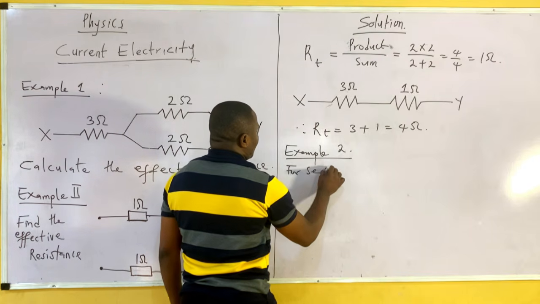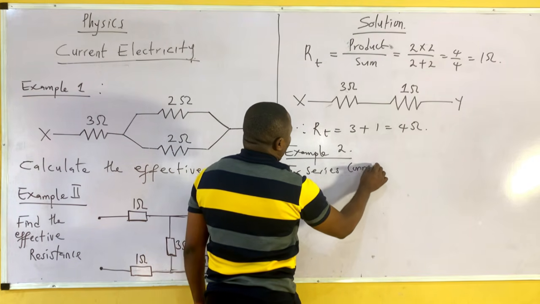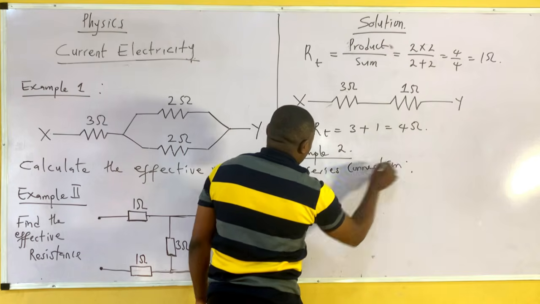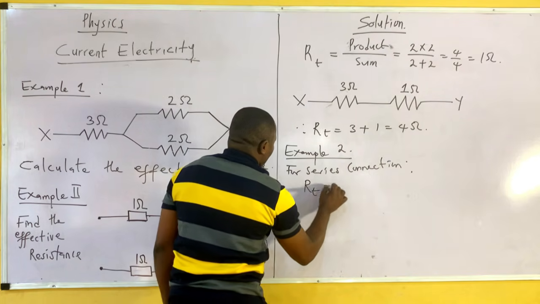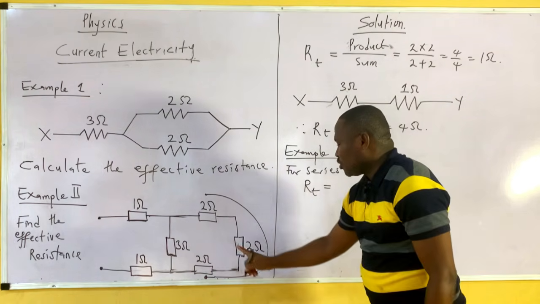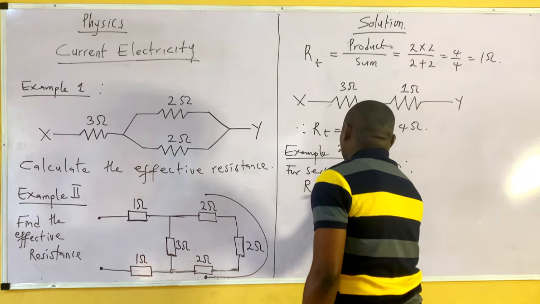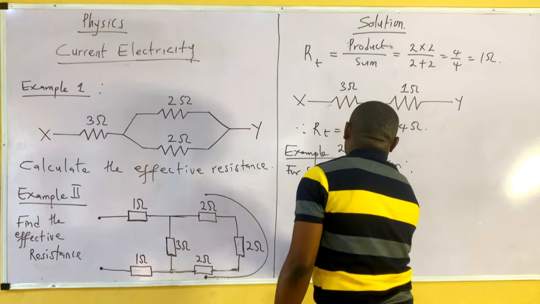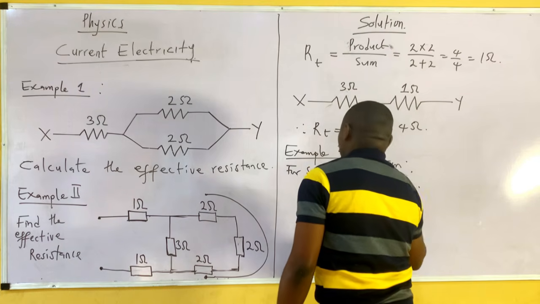For series connection, what will I do? I have R total equals 2 plus 2 plus 2, which equals 6 ohms.